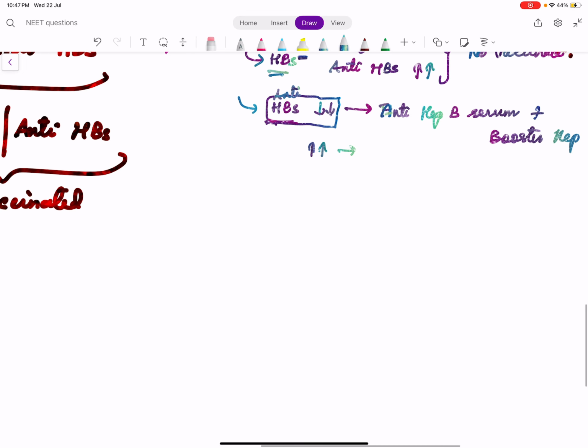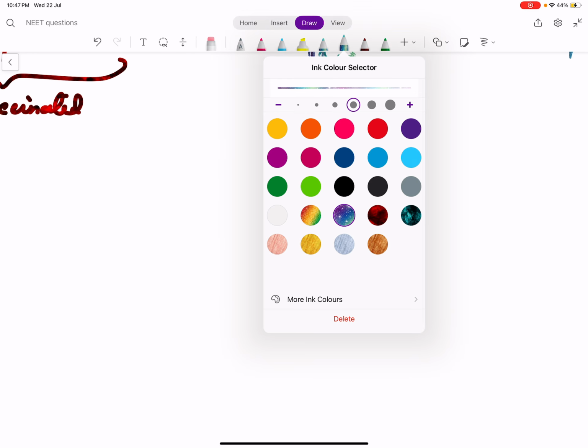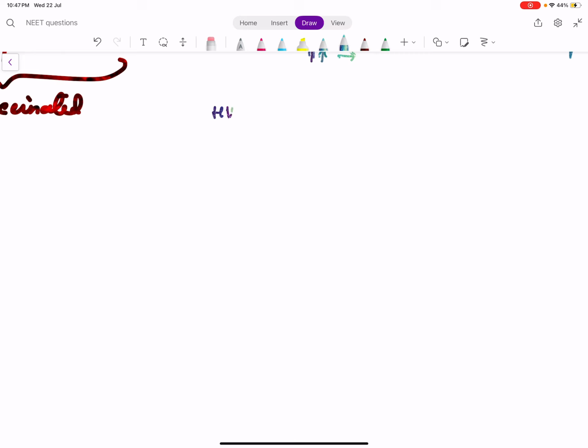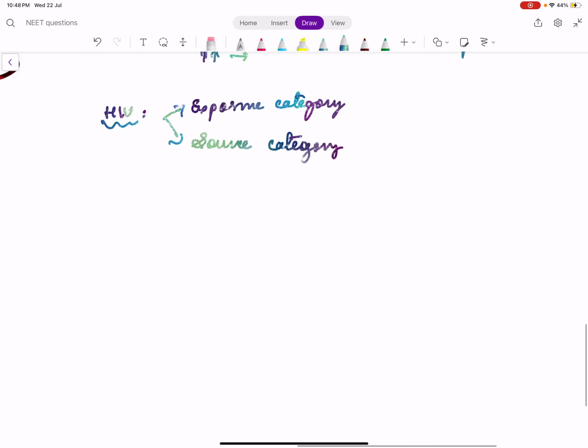Now, since we came to blood prick, HIV is important. So here they'll be giving the exposure categories and source category. Exposures, whether it is just a superficial exposure or a deep exposure, like that, they are giving exposure category codes.